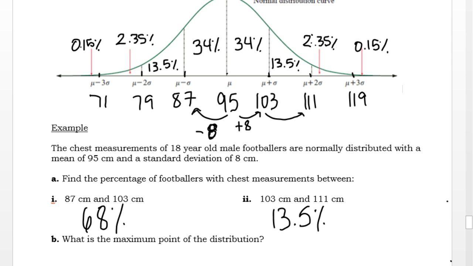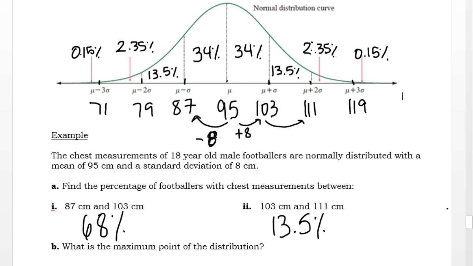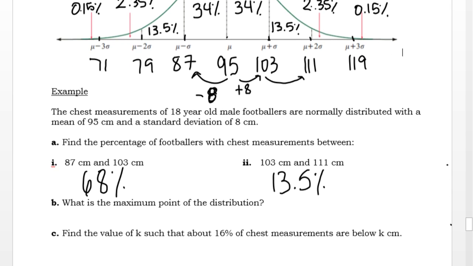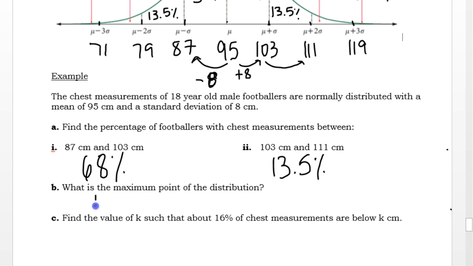Letter B says what's the maximum point of the distribution. This graph doesn't have the y-axis scaled, but if it did, that question is asking basically how tall is that distribution. I wrote the max formula near the top of the page. The max formula is 1 over the standard deviation times the square root of 2 pi.